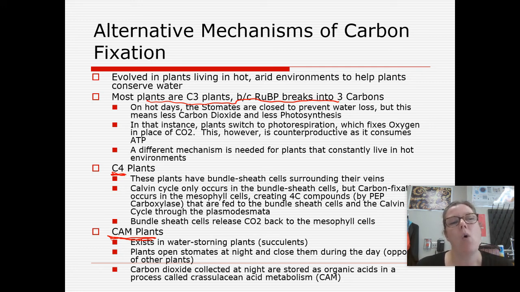So now in the same cells where the Calvin cycle is going to take place, you're storing up a bunch of this crassulacean acid. And then during the day, when the stomates have to be closed, you already have an amount of fixed carbon there. The plant can then take that crassulacean acid, break it down, and use the carbon dioxide to create sugars in the Calvin cycle.